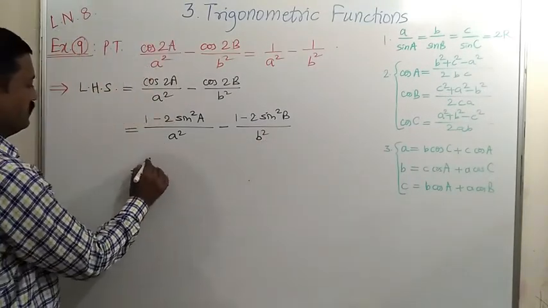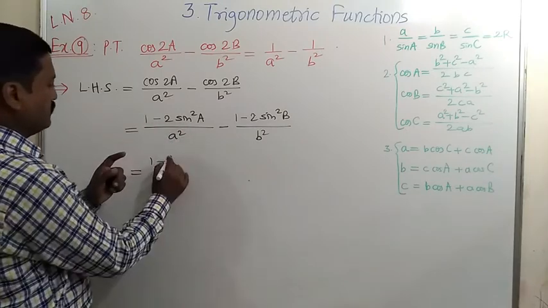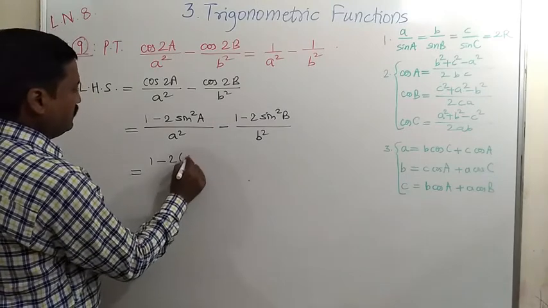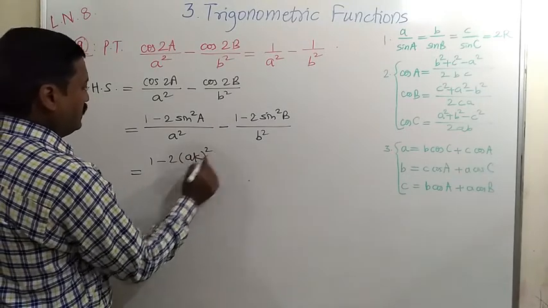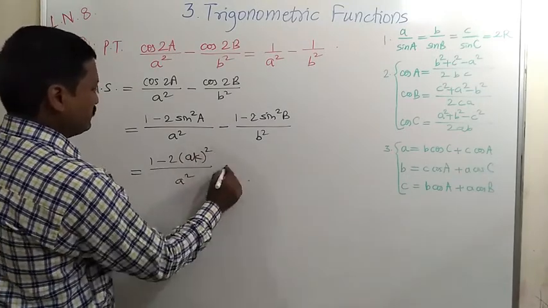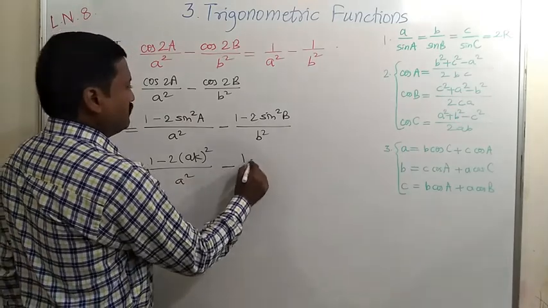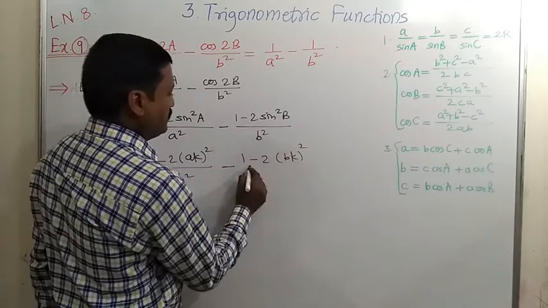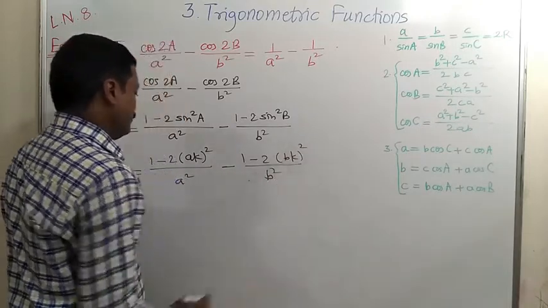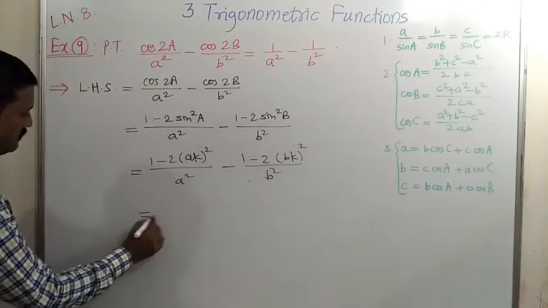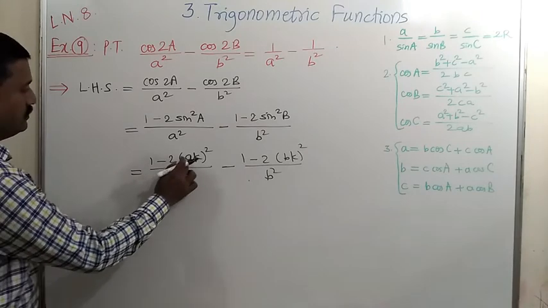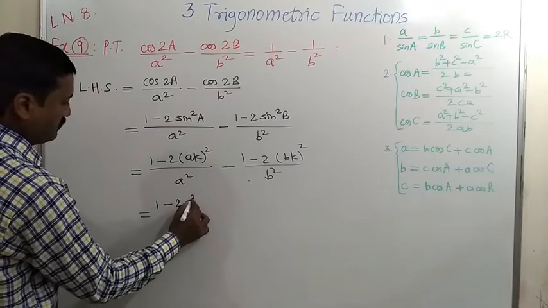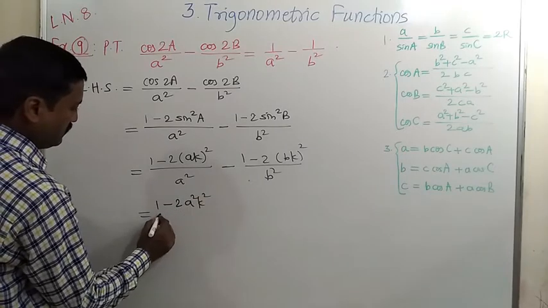So it is equal to 1 minus 2, sine A is AK, so we get AK bracket square upon A square, minus 1 minus 2 sine B is BK, its square upon B square. So it is equal to 1 minus 2 A square K square upon A square, minus 1 minus 2 B square K square upon B square.